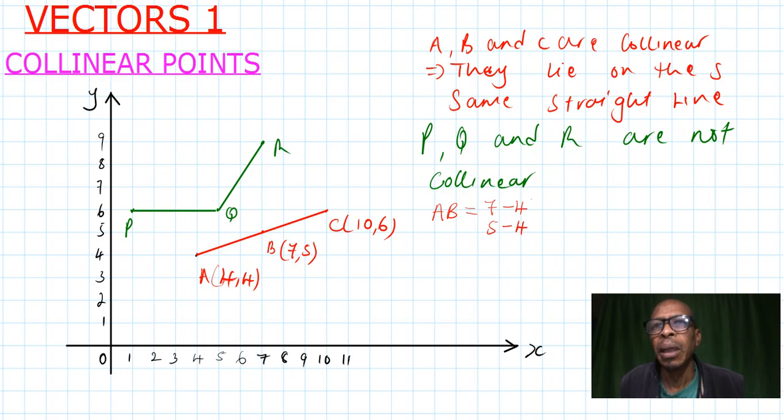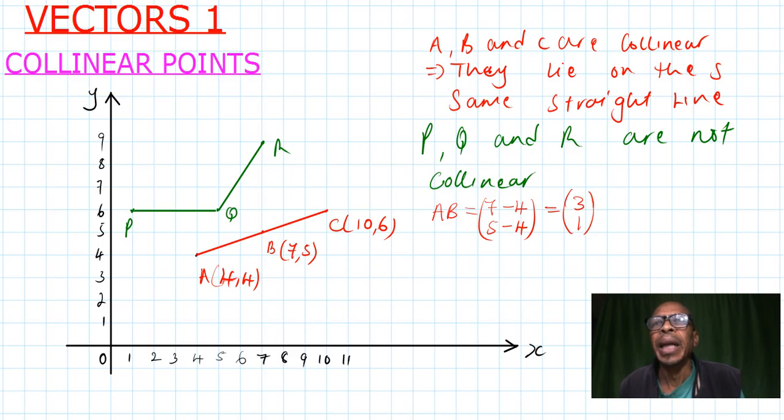So that will give us 3 and 1. That is the column vector AB. If you don't know how to get the column vector, you can check my lesson on how to get the column vector and also the position vector.